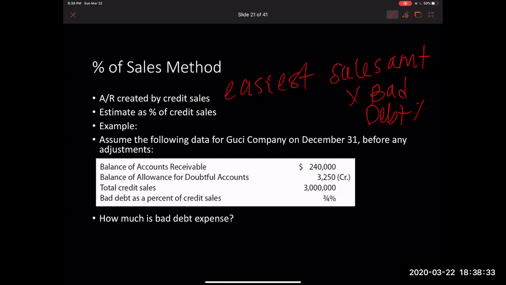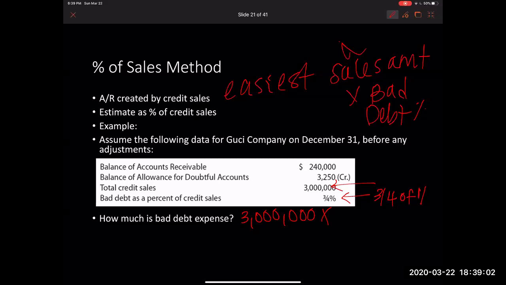As illustrated up here, the way you're going to come about that is you have your total credit sales, which is $3 million, and you're going to multiply this times the bad debt as a percentage of sales. What you need to pay attention to is that this is 3/4 of 1%.